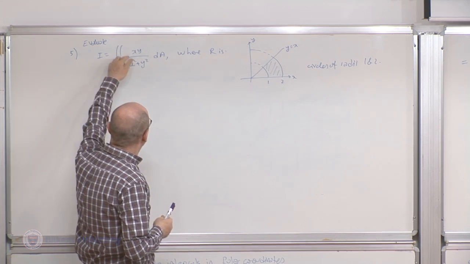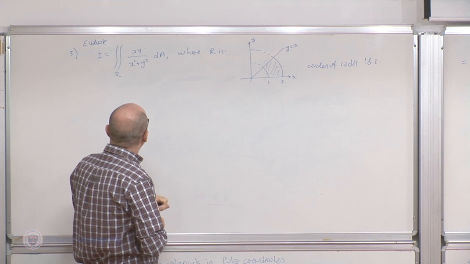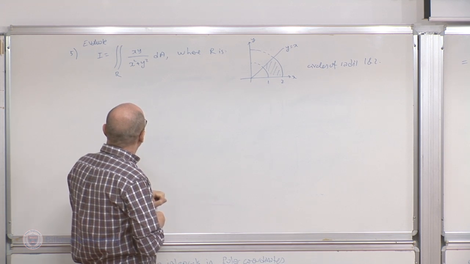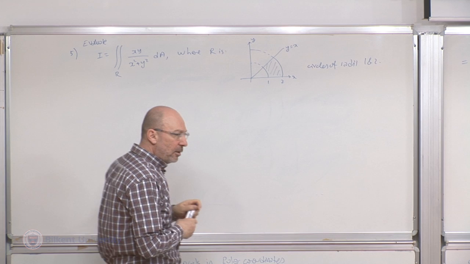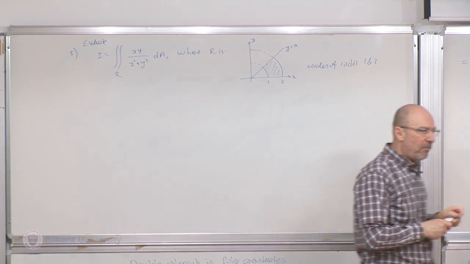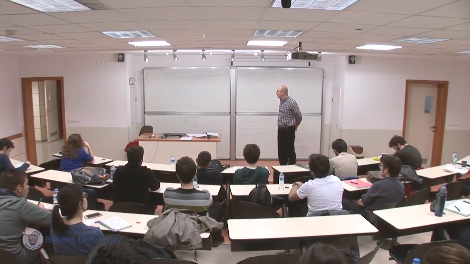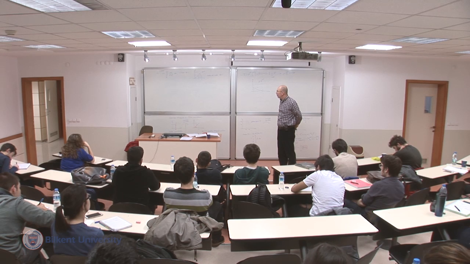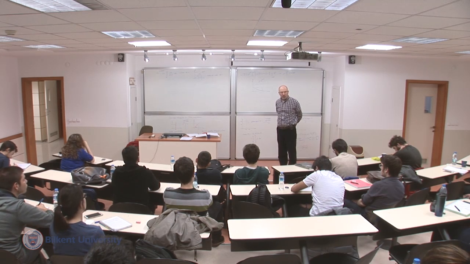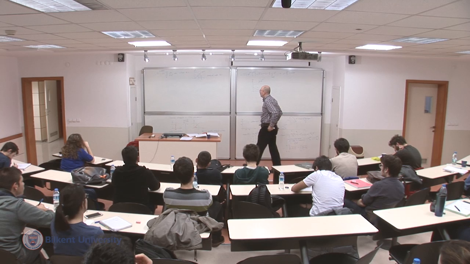You want to integrate this with respect to x. So what do you get? You get ln of x squared plus y squared, and you integrate with y times ln of x squared plus y squared. You have to do some substitution, etc. So it's going to be complicated.